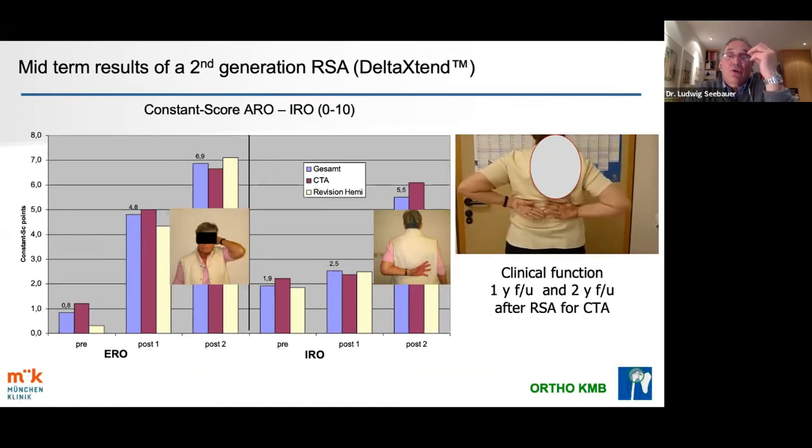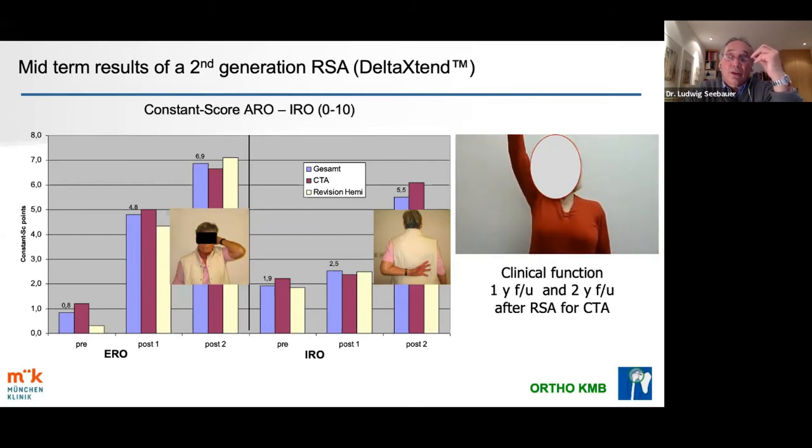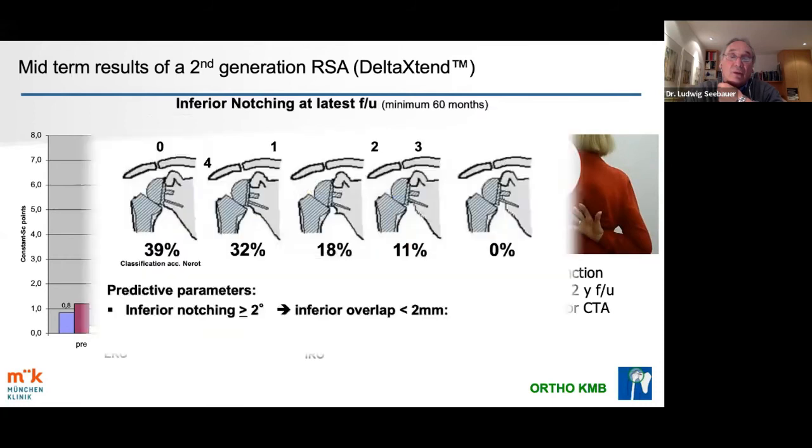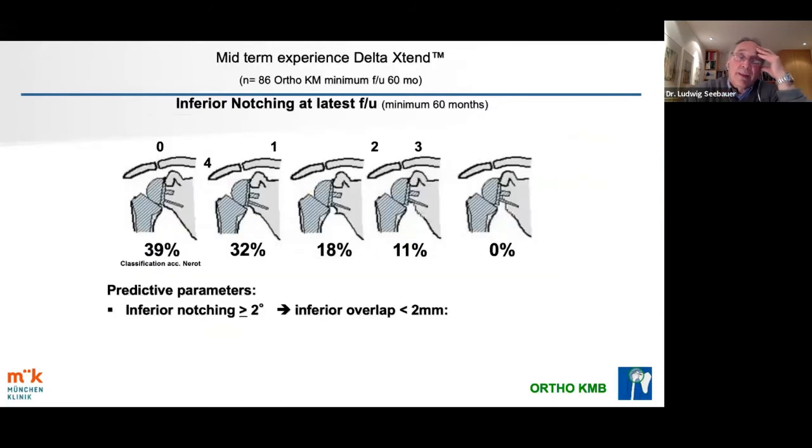And the range of motion, if you build in your reverse arthroplasty correctly, you can achieve really 150 degree of flexion abduction. You can reach your external rotation if you have still teres minor, and you can get enough internal rotation. What we also learned that inferior overlap is critical.